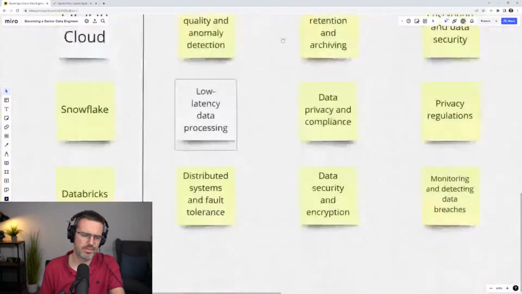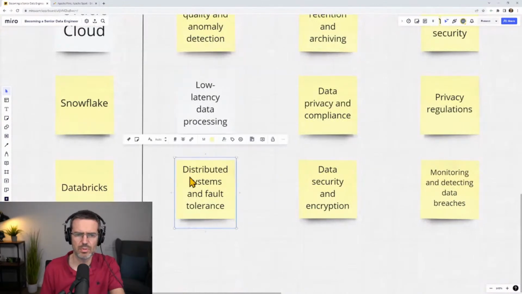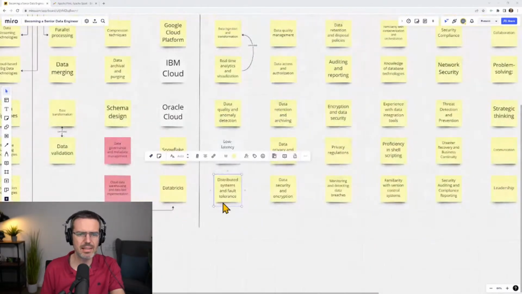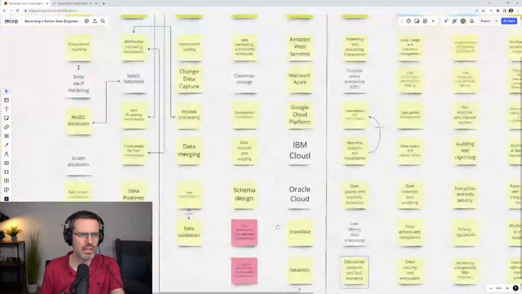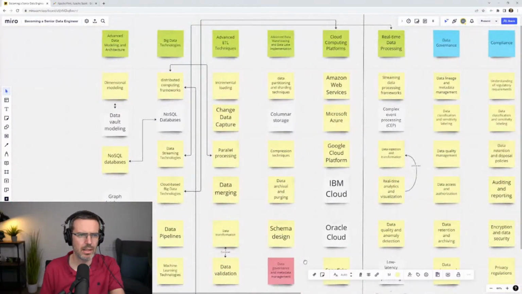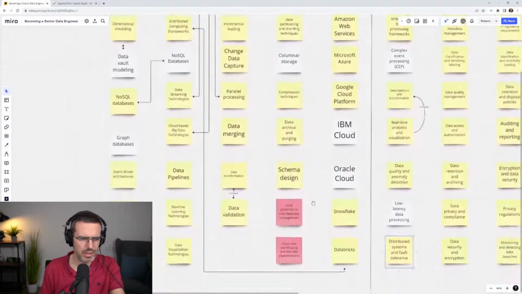Distributed systems and fault tolerance. Yeah. Senior engineers should have experience in designing and implementing distributed systems and fault-tolerant solutions to ensure high availability and reliability of real-time data processing. I mean, this part here, I think we were talking about architecture here.